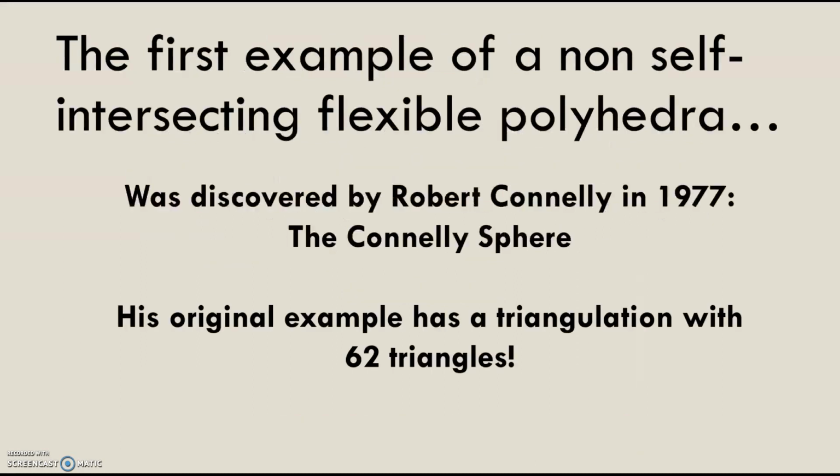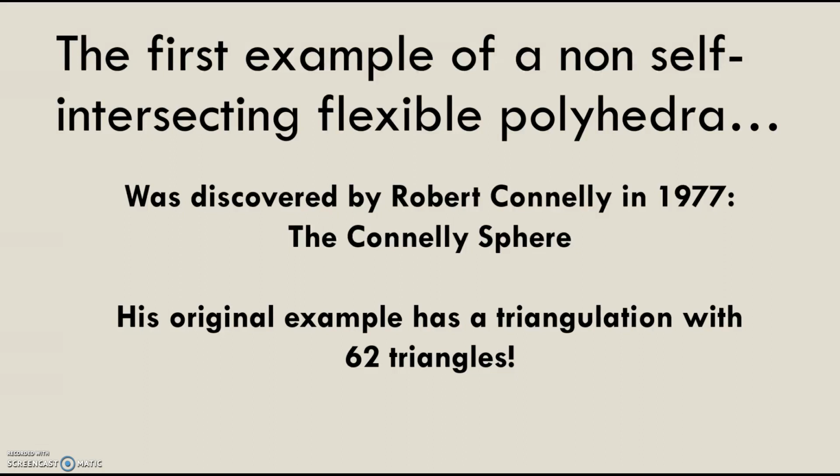And then the first example of a non-self-intersecting flexible polyhedron was discovered by Robert Connelly in 1977, and it was called the Connelly sphere, and it had a triangulation with 62 triangles.